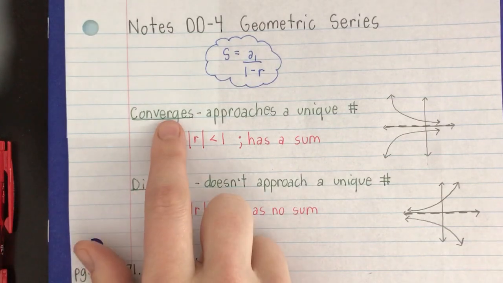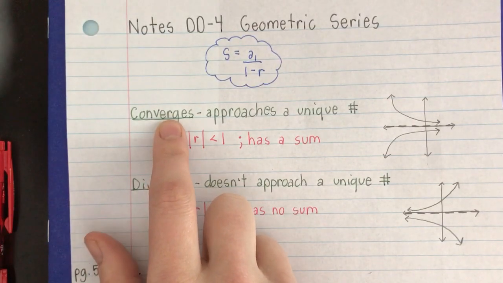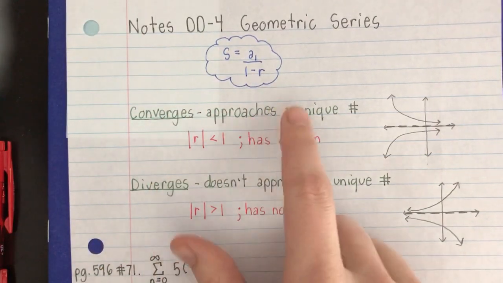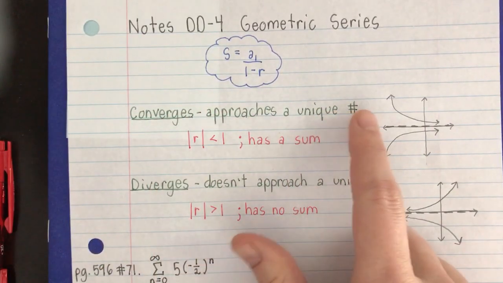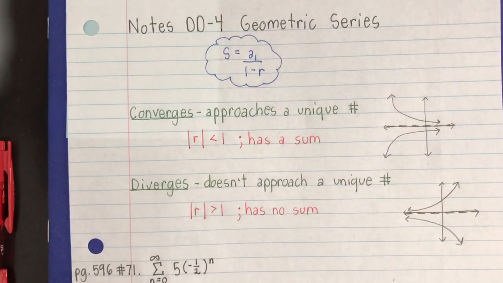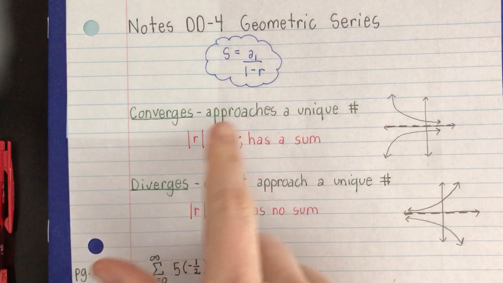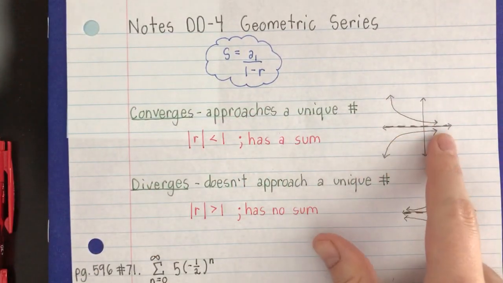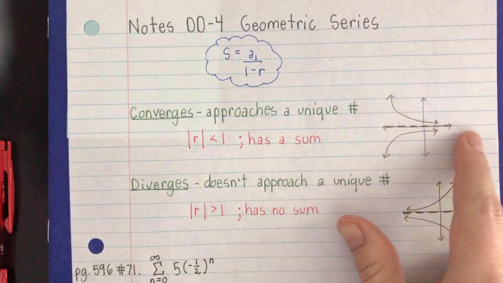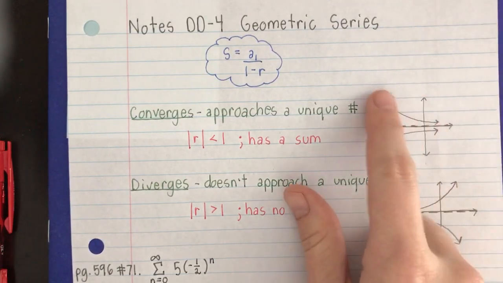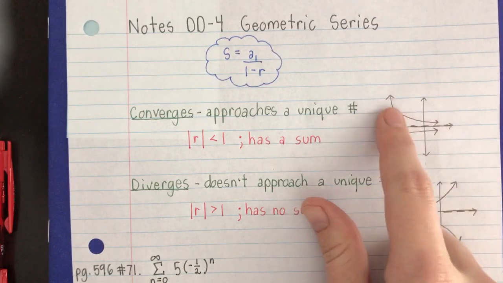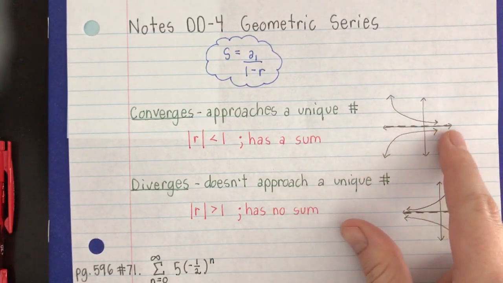We say that a geometric series converges if the series approaches a unique number. Graphically, remember, when we're talking about geometric sequences, we're talking about exponential graphs. If a series converges, it would look like one of these two possibilities, where as x goes to infinity, our y values are approaching this value here, or here.